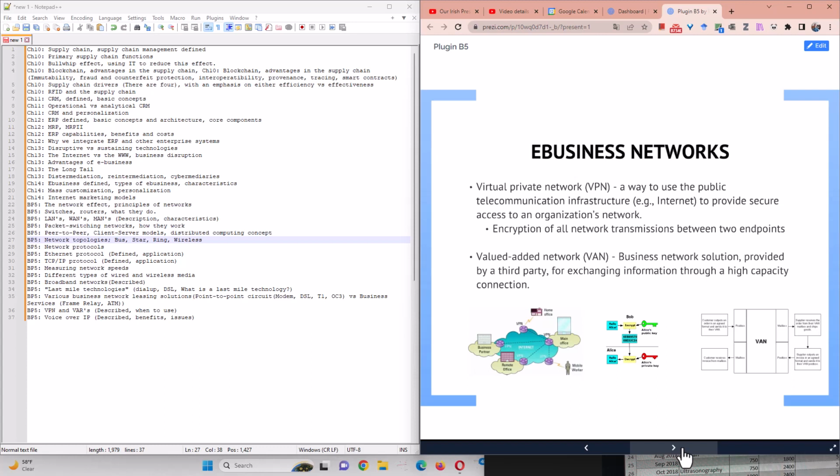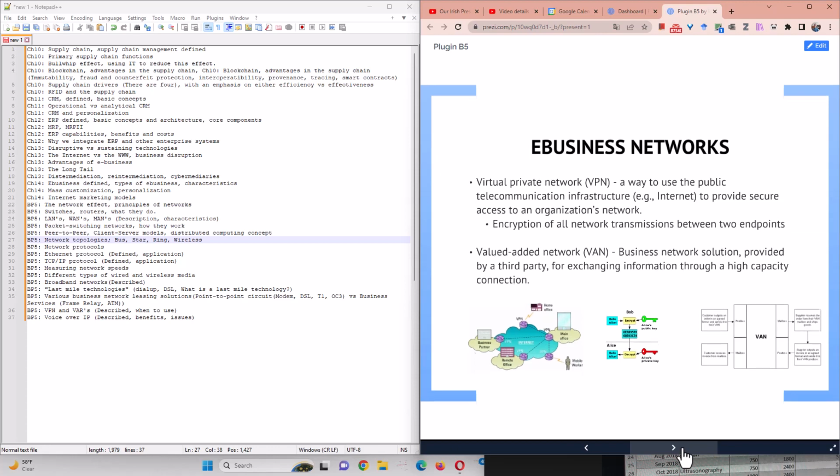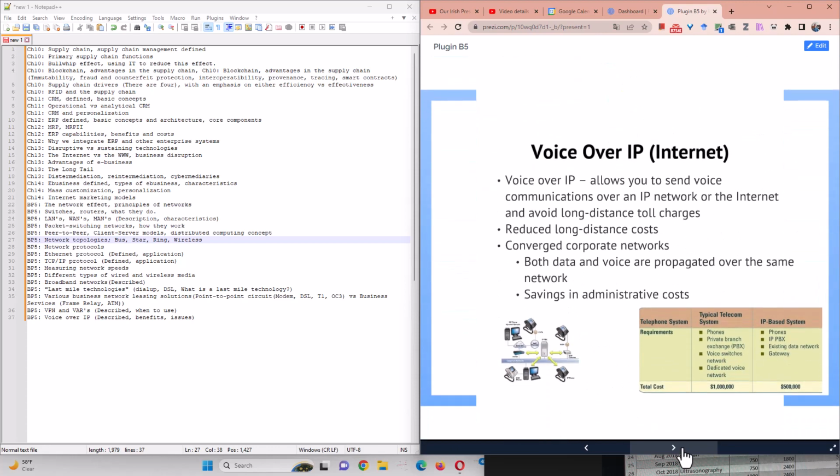For example, maybe you use a company for providing connection between two locations, but to add value, they also manage your email, or they provide electronic data interchange services that you use to do business with your suppliers. Voice over IP is propagating voice traffic over an IP network.